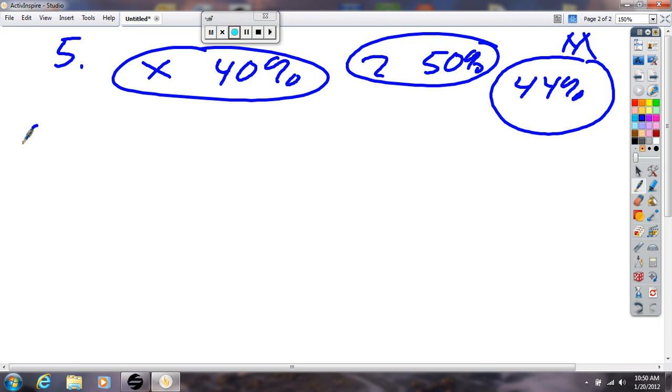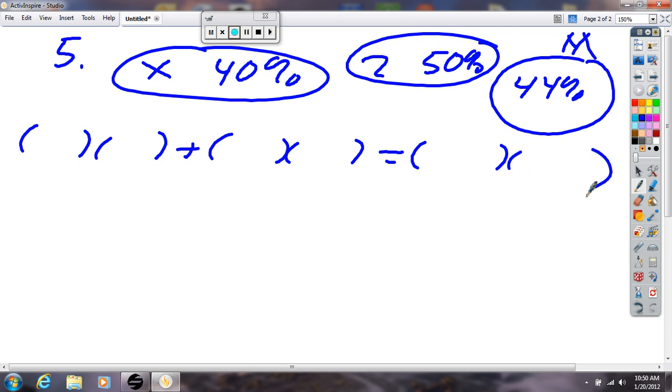So, what do we have? Well, what I would do is, which one goes over here? The 44. And we're still not sure what we're going to do with the other, right? So don't worry about it. We're okay. What else goes on this side? 40 and X and 50% first and 2.